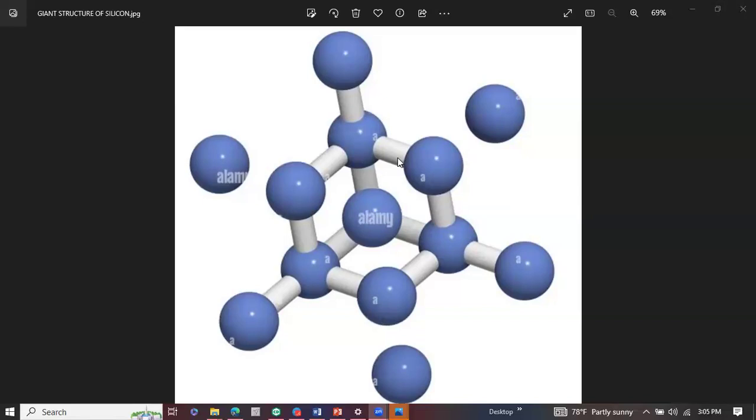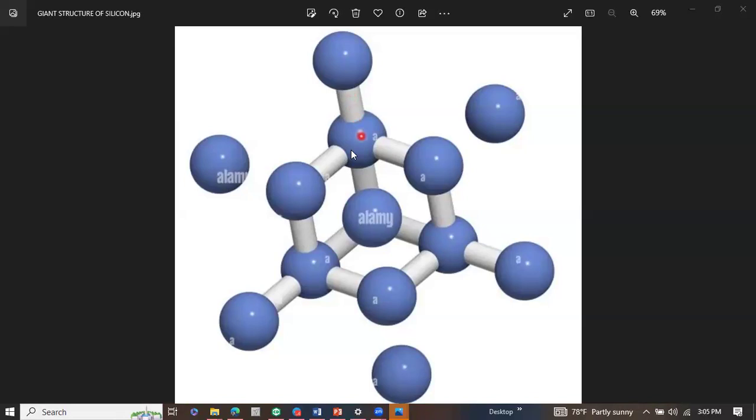And when you're describing it, we say silicon element has a giant covalent structure, which we call the giant atomic structure in 3 dimensions, in which each silicon atom, like this one here, is covalently bonded to 4 others.